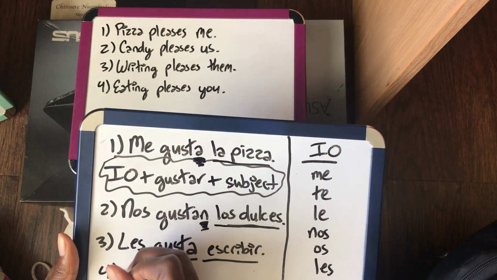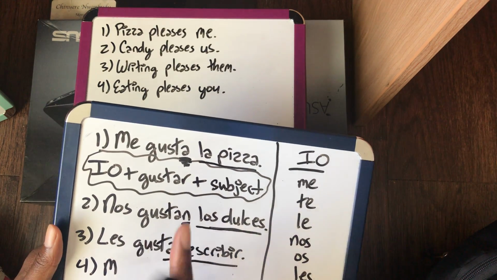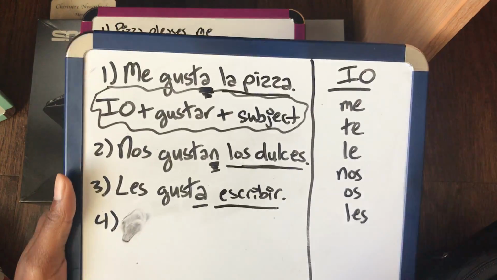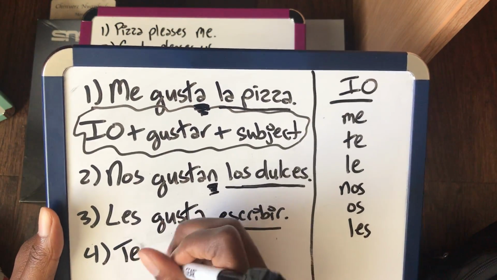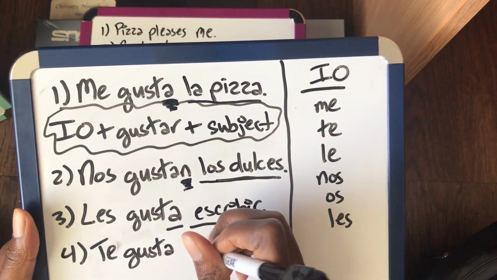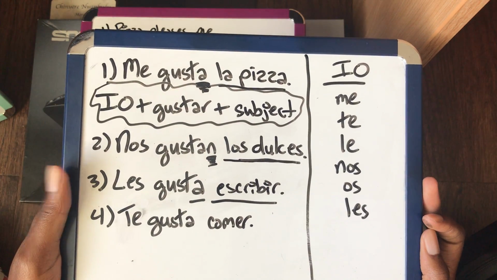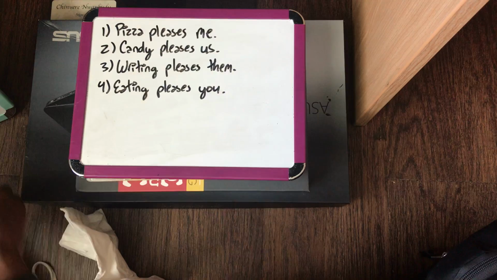And number 4, eating pleases you. Oops, you, not me. Let's go with te for that one. Te gusta comer. That is how the verb gustar works.